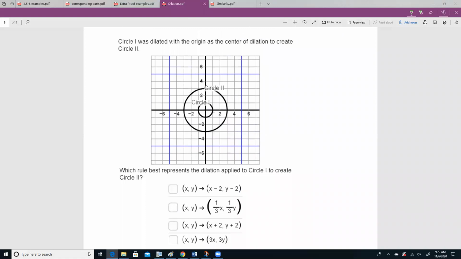All right, circle 1 was dilated with the origin as the center of dilation to create circle 2. Which rule best represents the dilation applied to circle 1 to create circle 2? Okay, did it get bigger or smaller? Going from the little circle to the big circle, it got bigger.